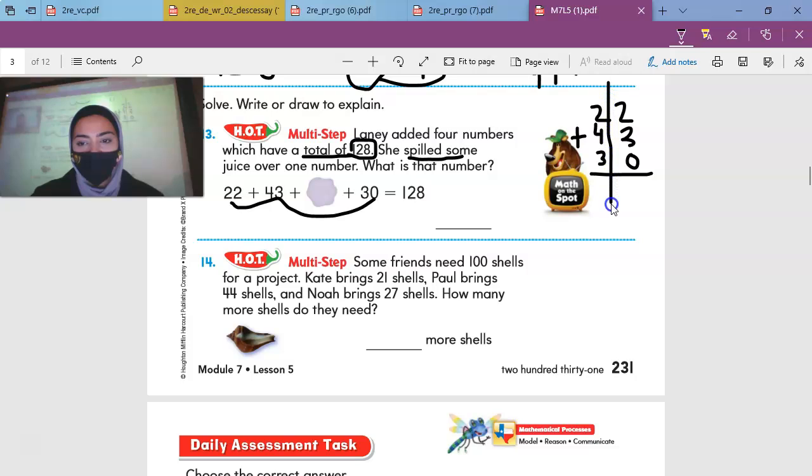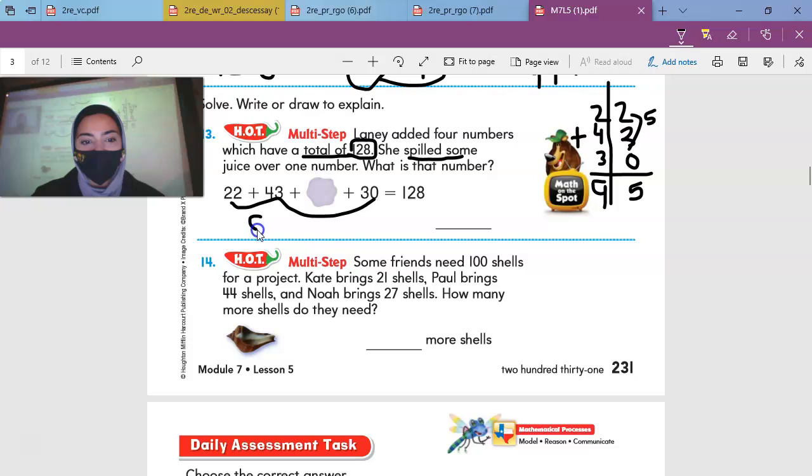Now 2 plus 3 is 5, right? And 5 plus 0 is 5. 4, 5, 6, 7, 8, 9. 95. So now we ask ourselves, all 3 of these make 95.